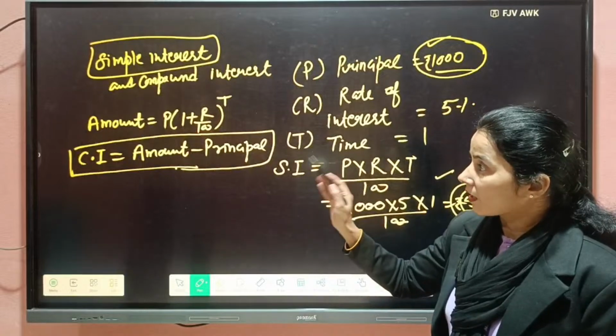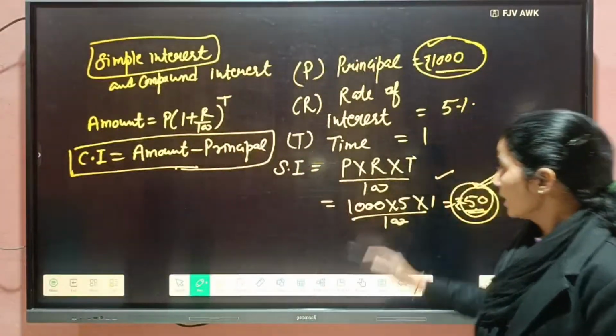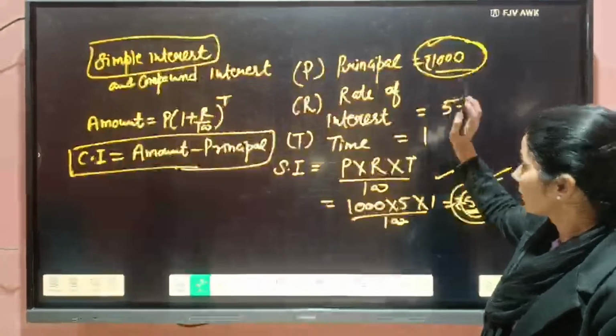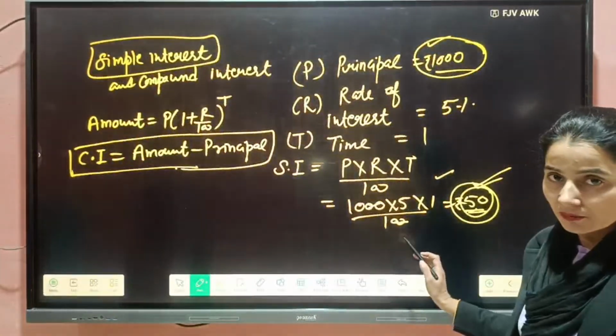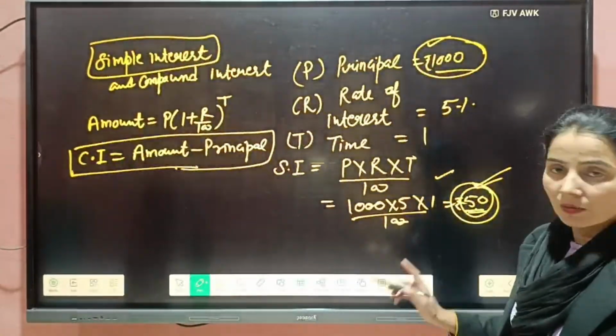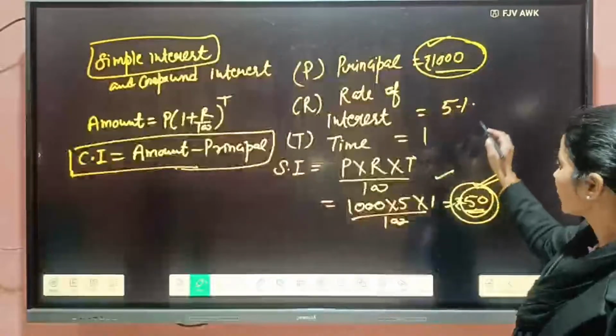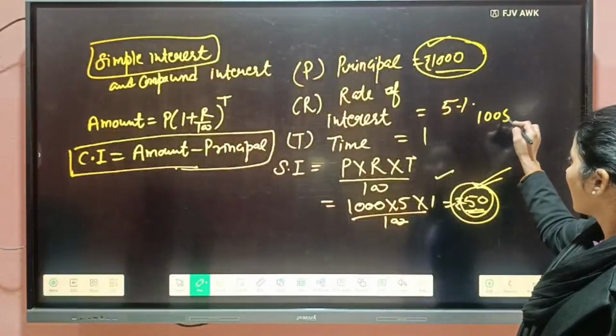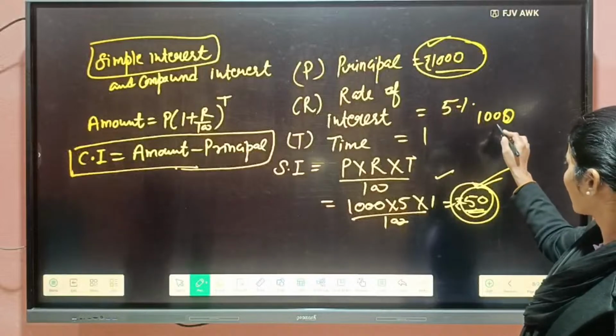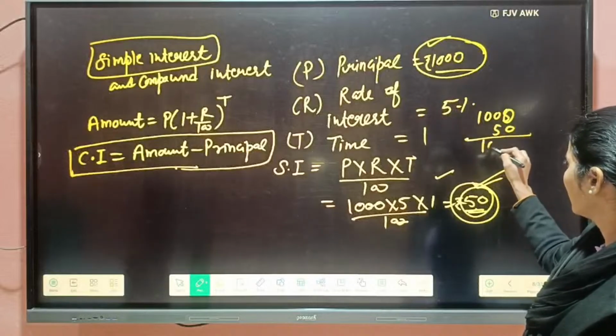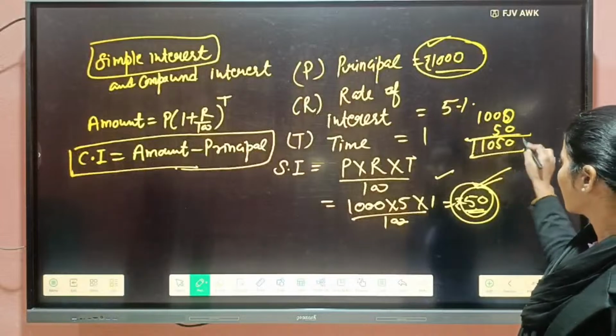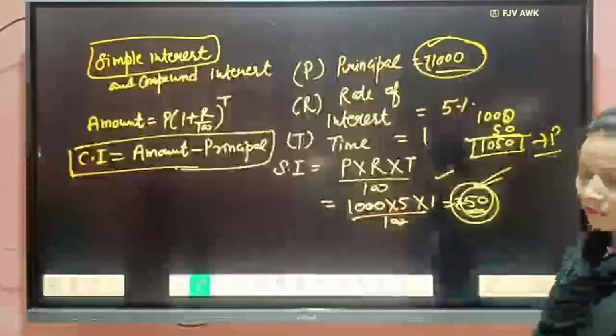But in compound interest, for the first year compound interest and simple interest will be the same, but for the second year your principal will change. For the second year your amount will be 1050, and this will be your new principal.